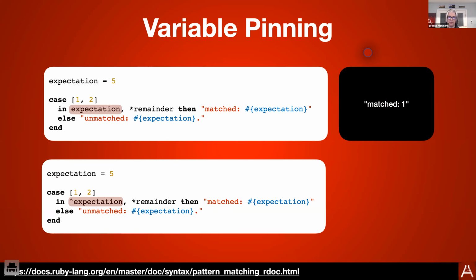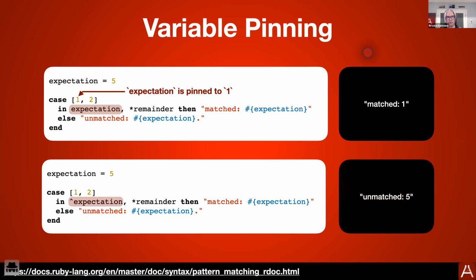So in the first upper evaluation, we're getting a match of 1. That's because the expectation variable is being set to 1 in this case, the first position of the array. But in the bottom situation, we're getting an unmatched variable of 5. The reason that's happening is because the expectation is pinned to the value of 5 up above.